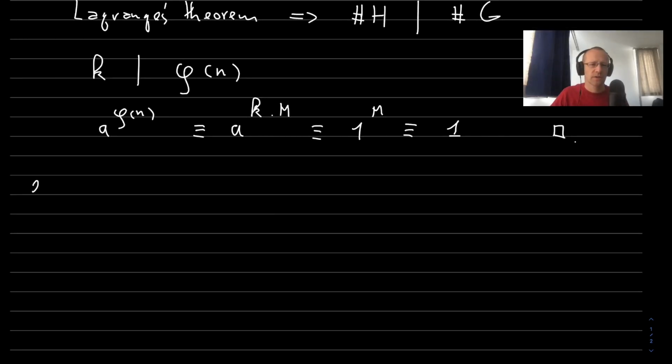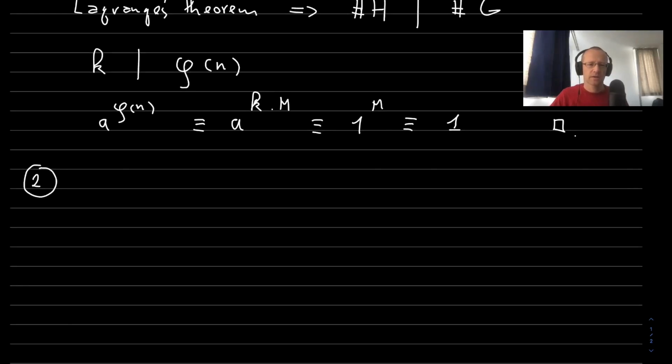The second way in which to prove the theorem is to enumerate all the elements in this group G. So let's call them x1, x2, all the way up to x phi n.